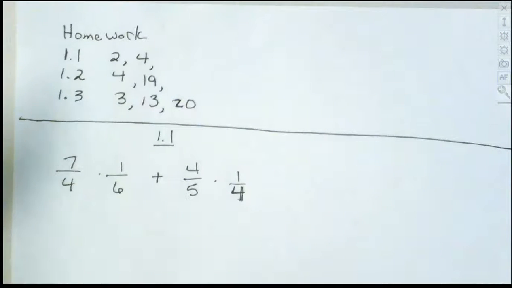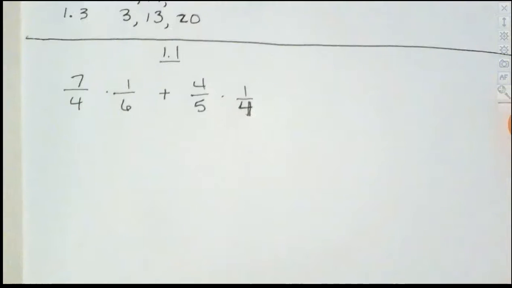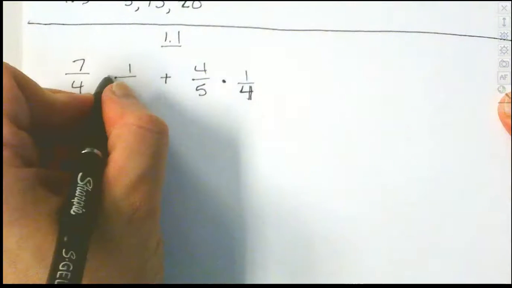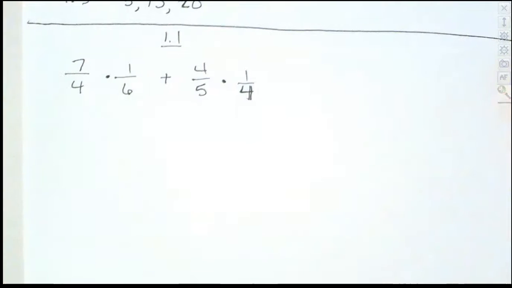When we add fractions, we have to have a common denominator. So that means that bottom number, the denominator, has to be the same. Okay? When we multiply, we can cross cancel, and we just multiply across. So multiplication is going to be a lot easier than addition or subtraction.